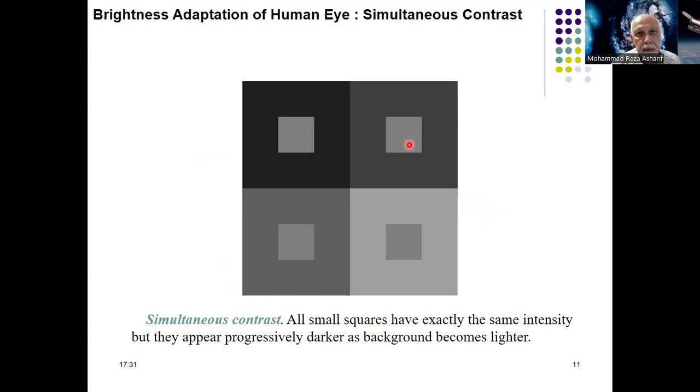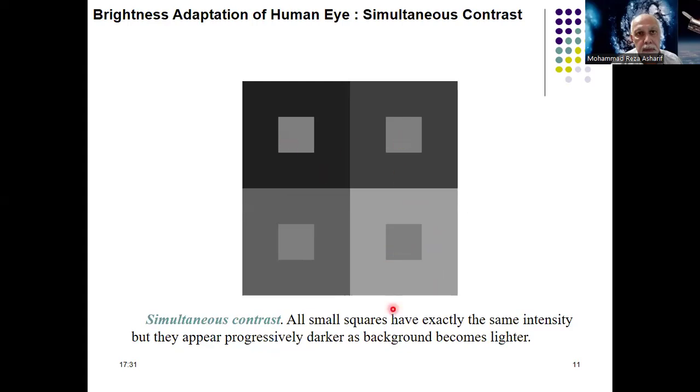Also, you can see here simultaneous contrast. The level of brightness is the same, but it depends on the surrounding. If the surrounding is dark, you see it as more bright. If it is more bright, you see it as more dark. All the smallest circles have exactly the same intensity, but they appear progressively darker as the background becomes lighter.